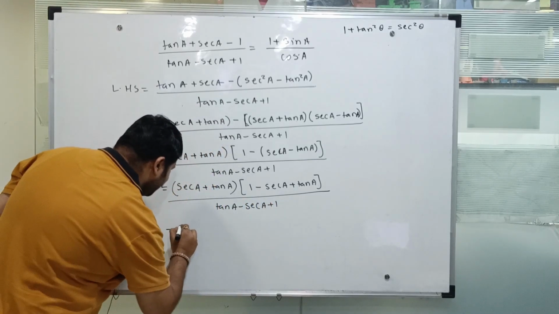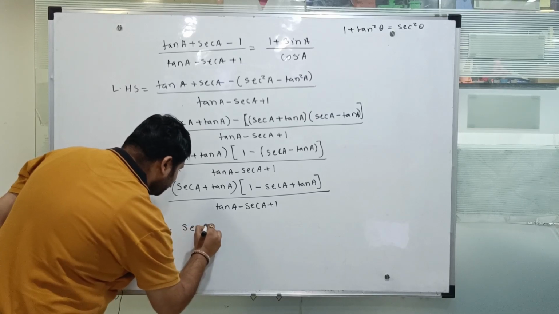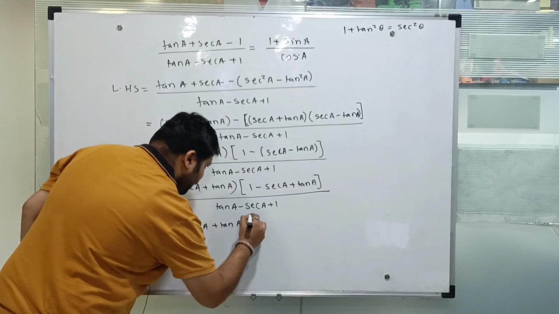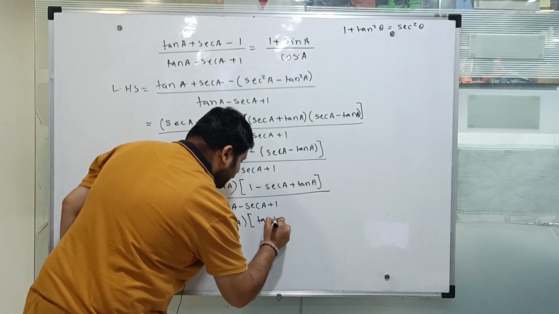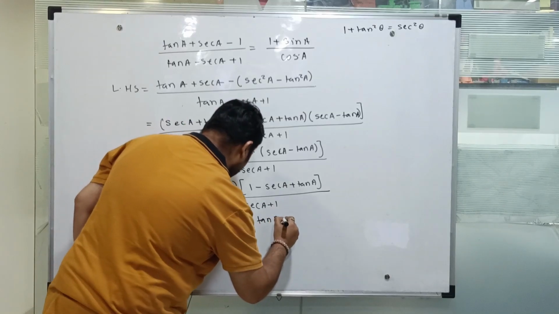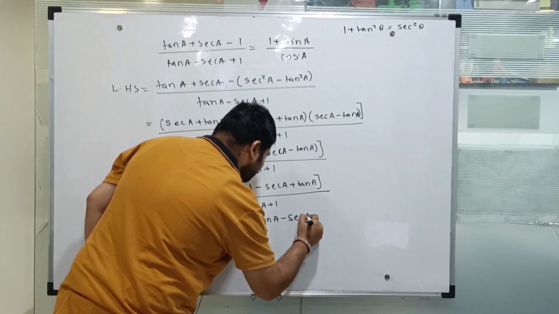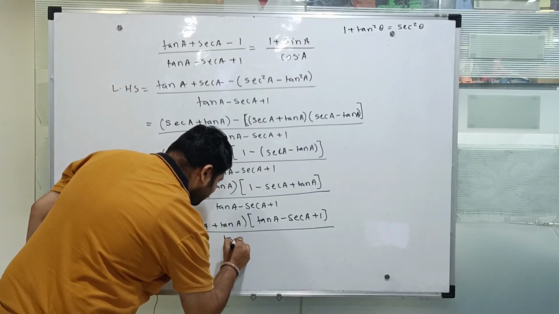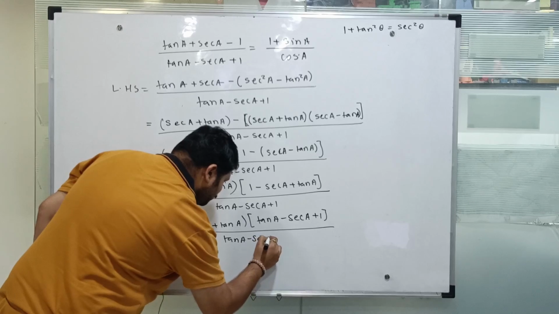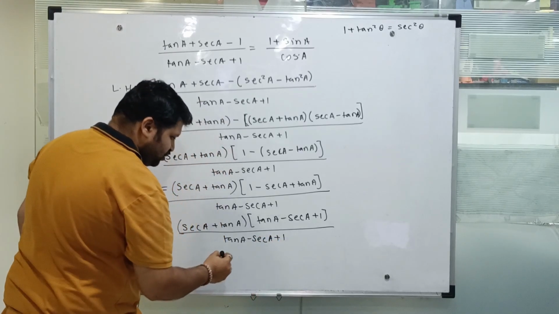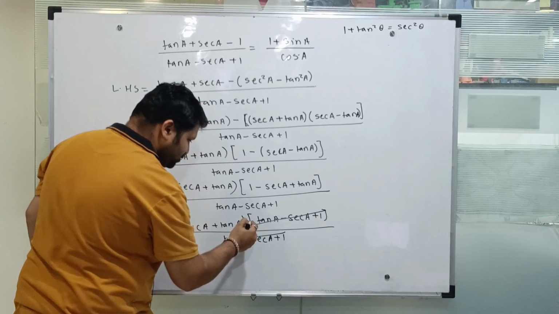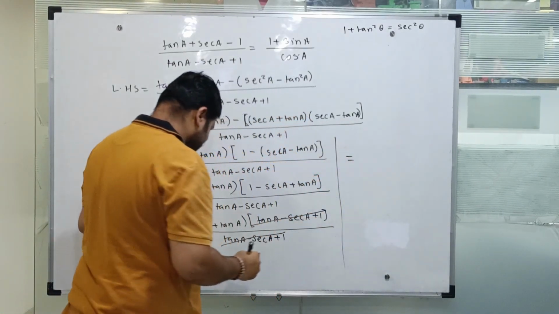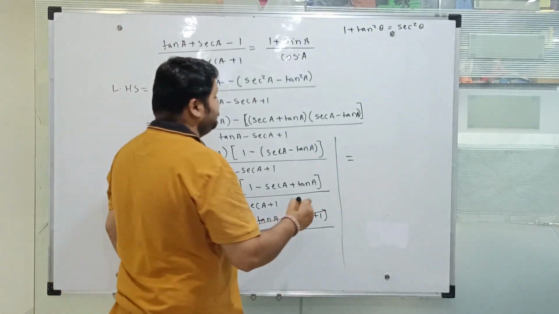Now I can further rearrange the numerator as tan A. So I've written tan A first, then minus sec A, I've kept it as it is, plus 1, and you'll see that it's equal to the denominator. So I can cancel this and this as they are the same, giving me my final answer as sec A plus tan A.